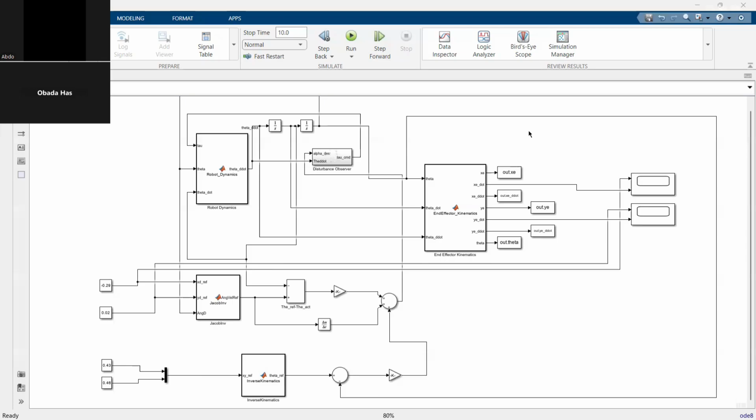The disturbance observer improves the torque command and helps reduce the effects of errors or disturbance. Finally, the scopes compare the desired velocity with the actual velocity in x and y directions. From the results, there is some oscillation at the beginning. Then the response becomes more stable and closer to the reference.